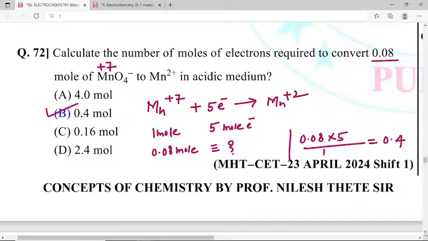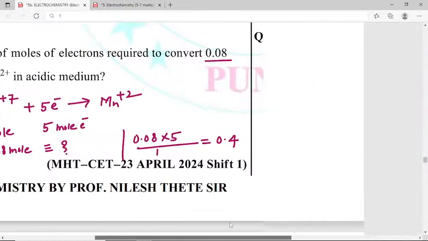So 1 mole Mn plus 7 requires 5 mole electrons. So 0.08 multiplied by 5 divided by 1 will get 0.4. Very important question. Please mark it IMP for the 2026 CET.